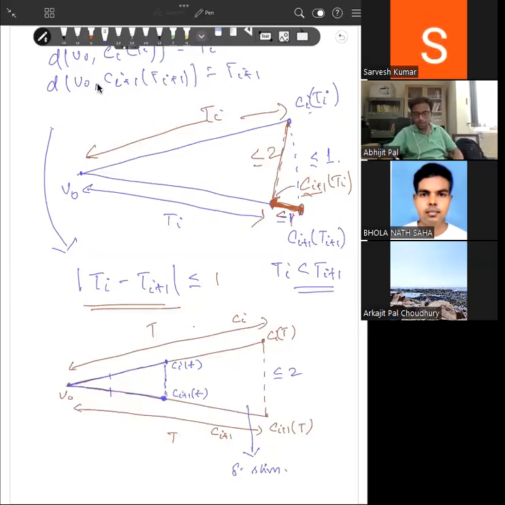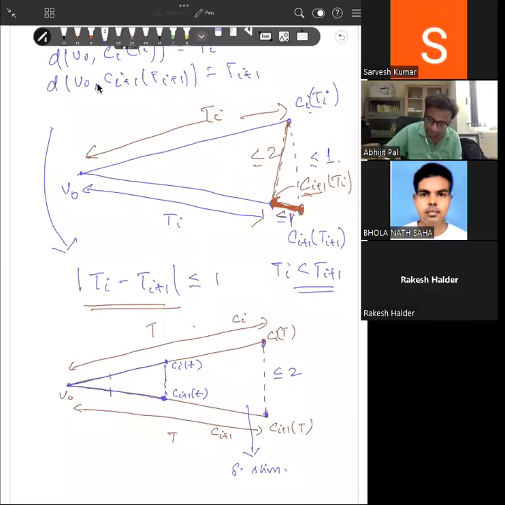The endpoints are at most 2 distance from each other, so by slimness this distance will be 2 delta plus 4, by the same argument as before. So let us take 2 delta plus 4, by the argument we had given in the last class.